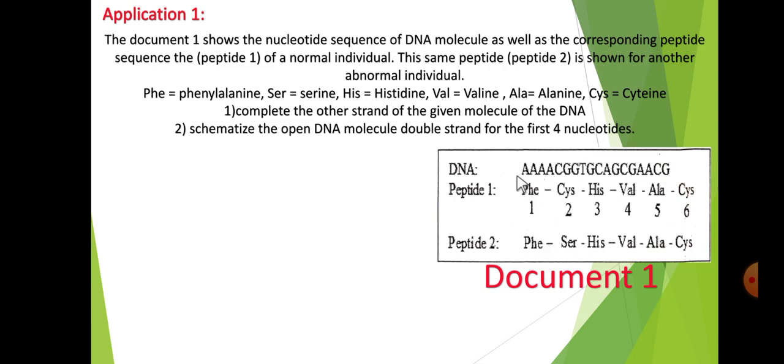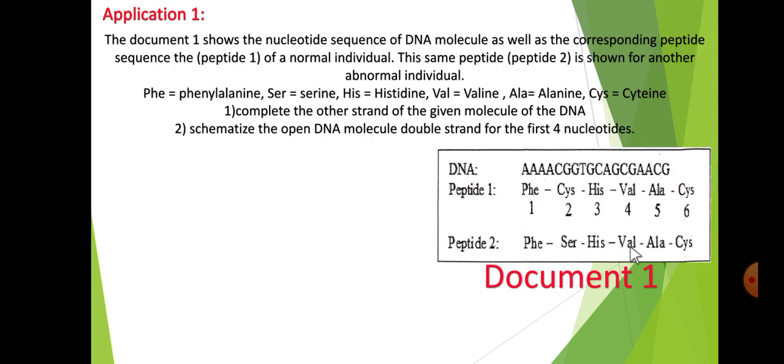If you take a look at peptide 1, here we have phenylalanine, cysteine, histidine, valine, alanine, and cysteine. In peptide 2, here we have phenylalanine, serine. So this is the difference between peptide 1 and peptide 2. Here we have cysteine, while here we have serine.